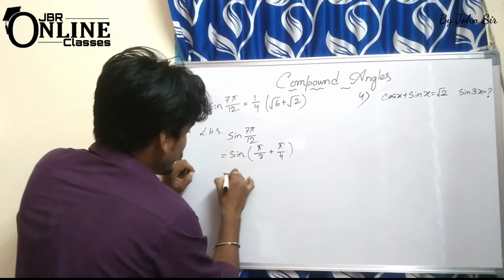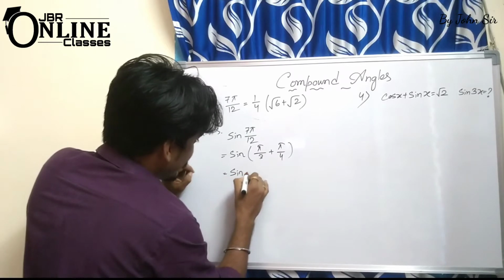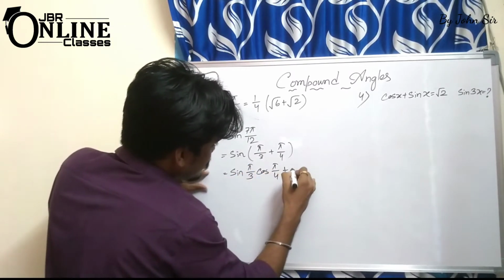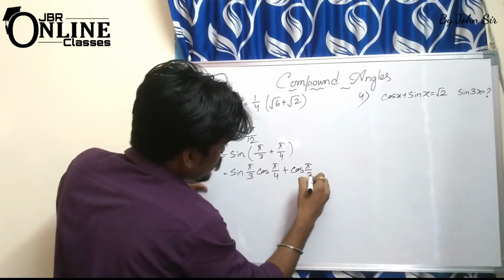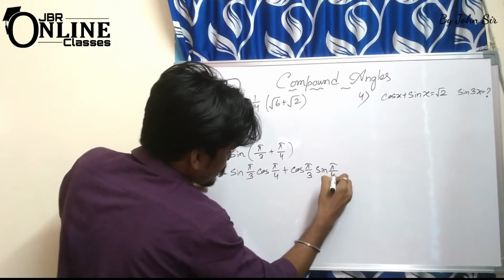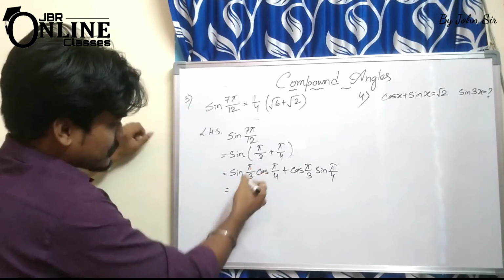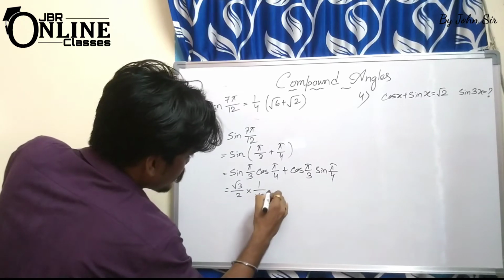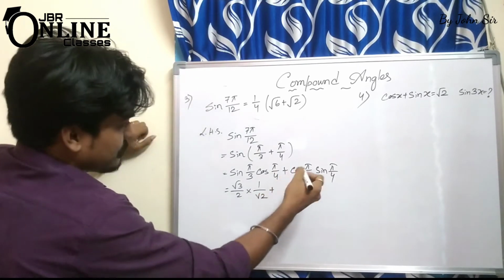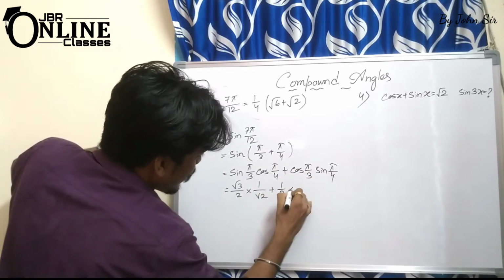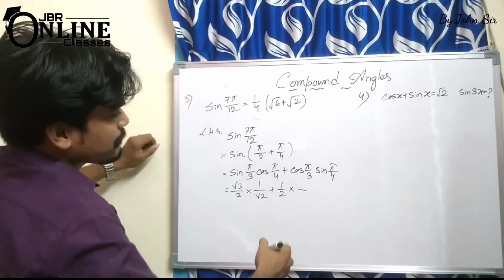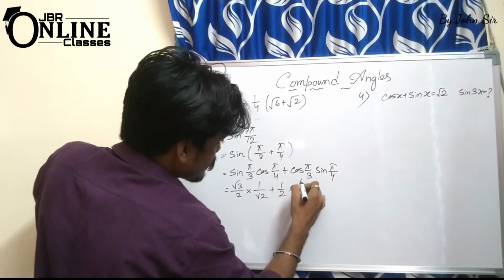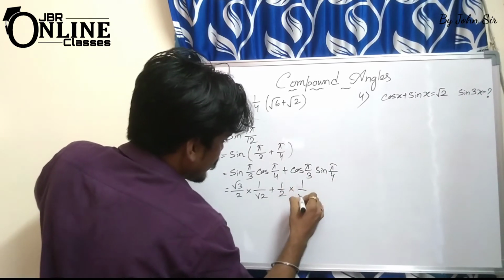So you can directly apply here the sin A plus B formula, and that will be sin pi by 3 cos pi by 4, then plus cos pi by 3 sin pi by 4. So here the value of sin pi by 3 equals root 3 by 2, cos pi by 4 is 1 by root 2, and here cos pi by 3 means cos 60, so cos 60 equals half, and here sin pi by 4 means 1 by root 2.